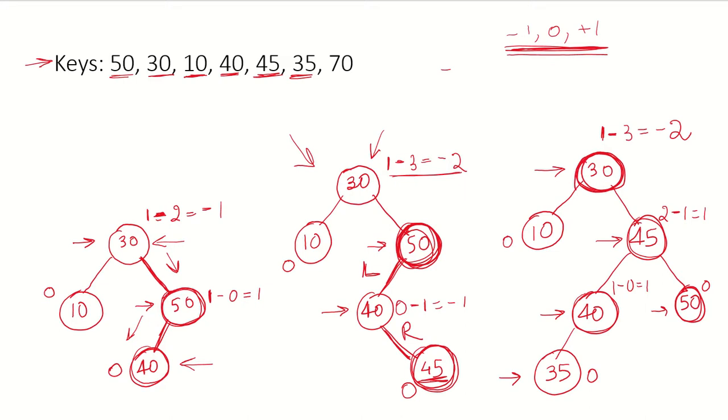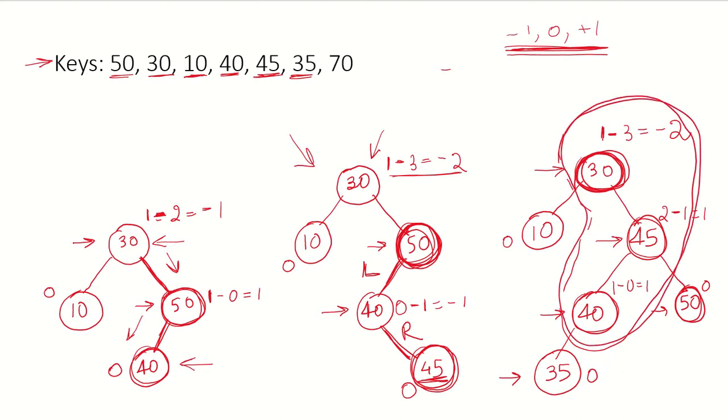Now we see that this node has become the critical node. And always when we do a rebalancing, the rotation will take place only with three nodes. So with this critical node, the rotation that is going to take place is only with these three nodes. And what kind of a rotation will take place? This is to the right and this is to the left. So this will require an RL rotation.